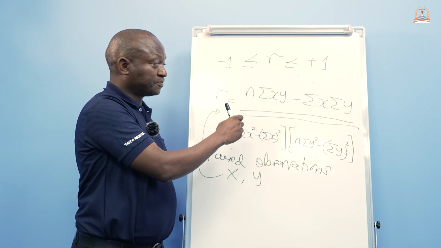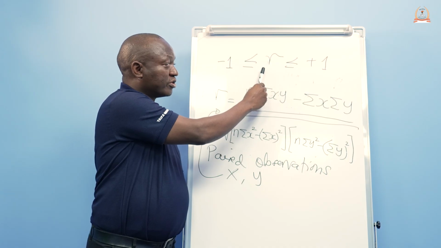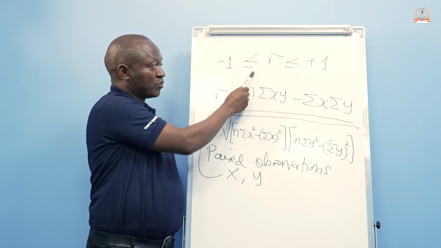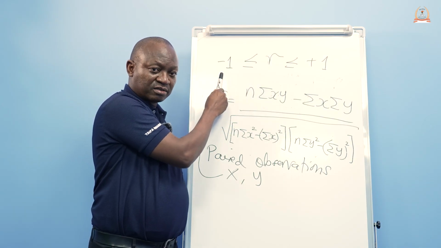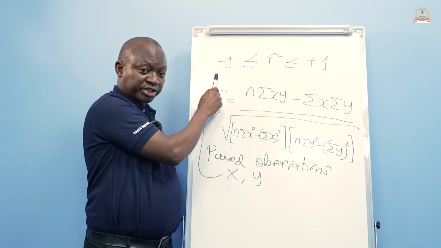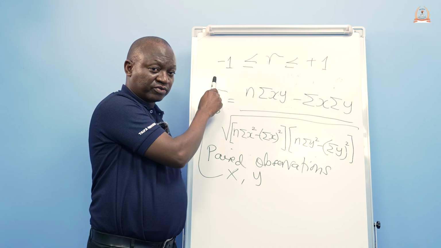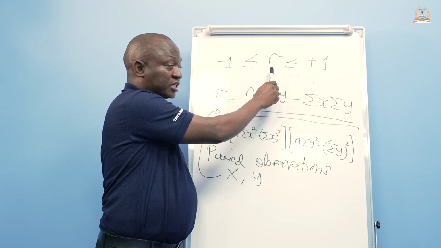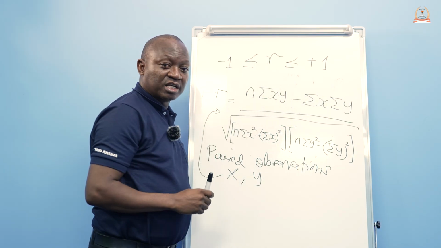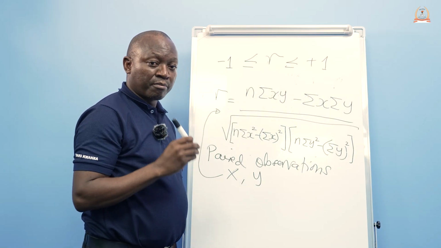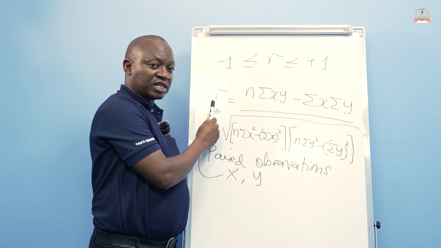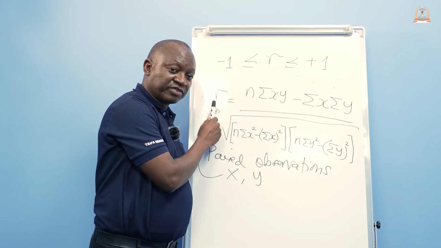When the value of the correlation coefficient is towards the negative side, but not more than -1, then the relationship is negative. And when the value of the correlation is positive and towards this direction here, the correlation is positive. In other words, when the value of r is negative, we have a negative relationship.